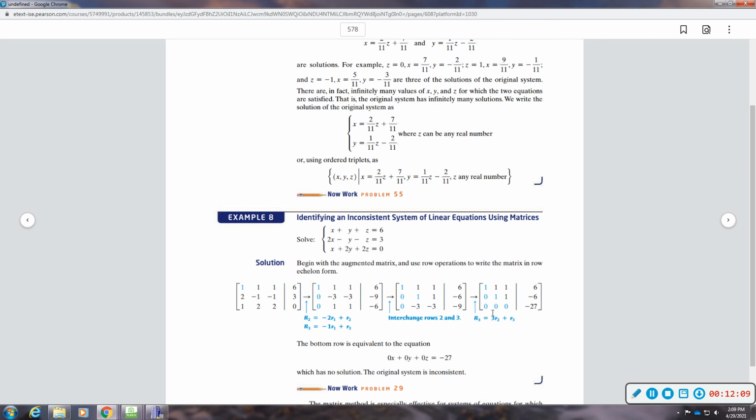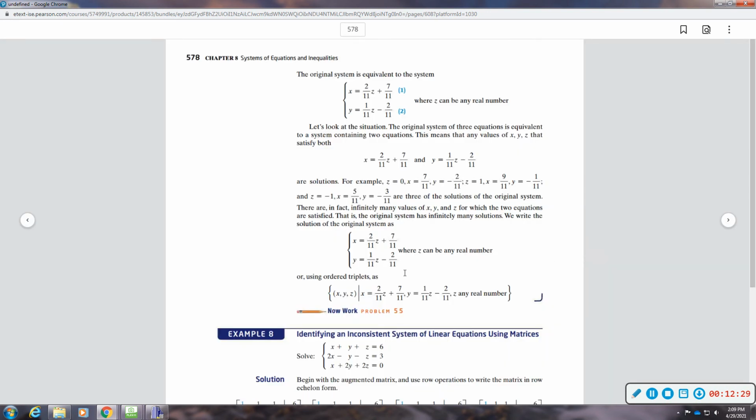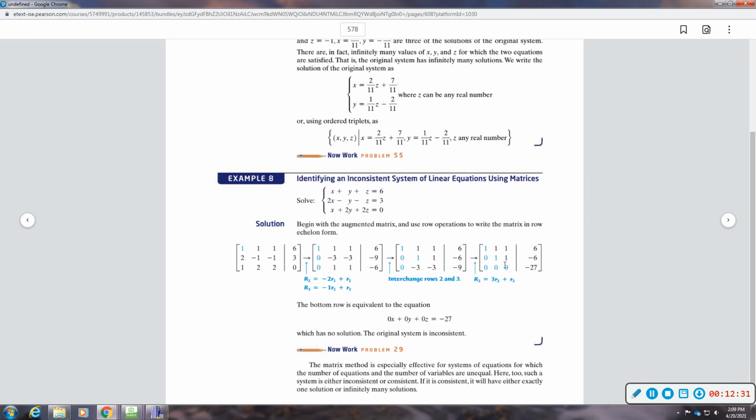That's what they're showing you here, as opposed to the previous problem when we had a row of zeros and the answer was 0. That is a true statement. So this means you could have an infinite number of solutions, or you could get this case where the bottom row is zeros and then it equals a number that's inconsistent, which means no solution.